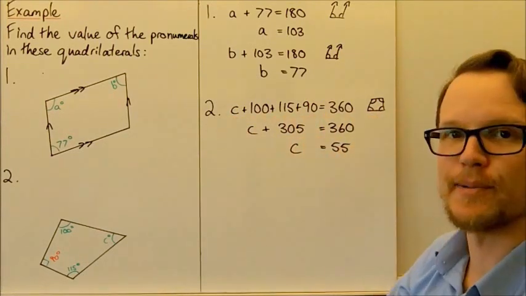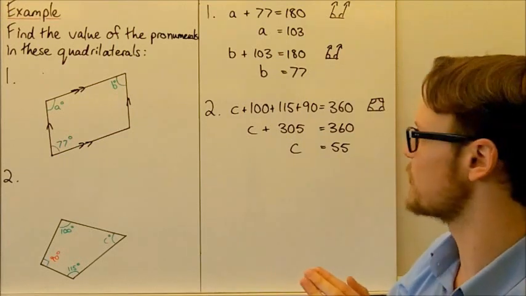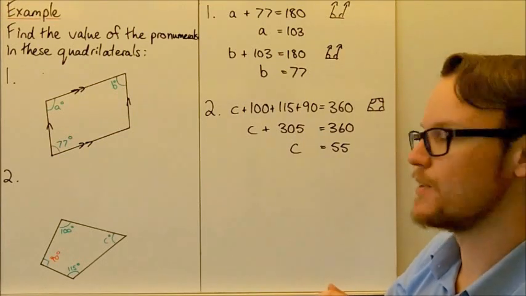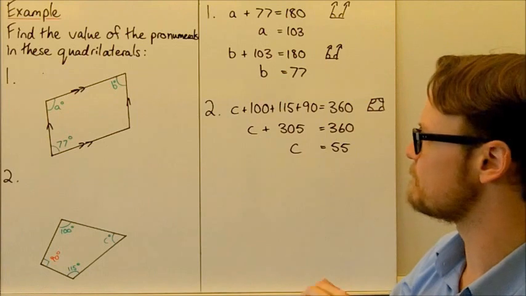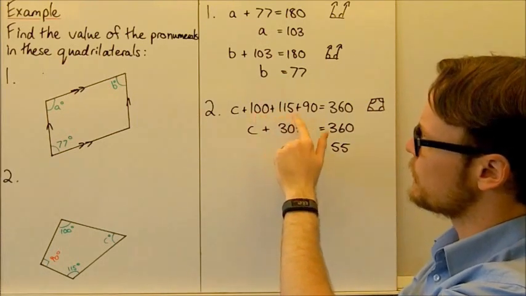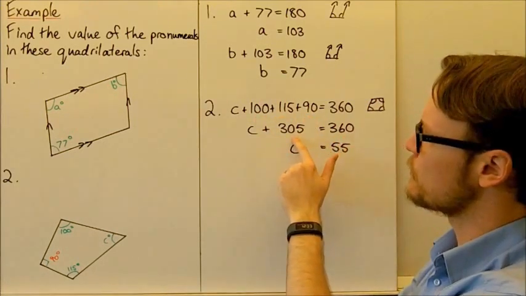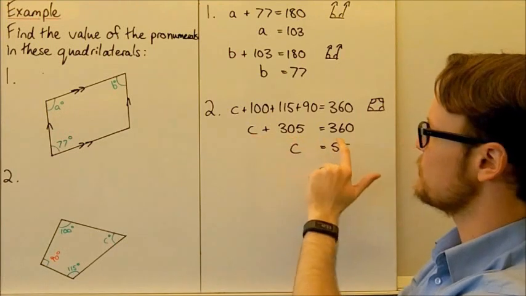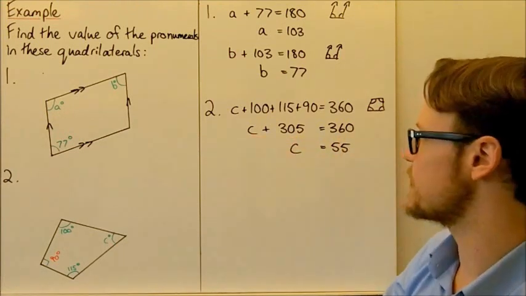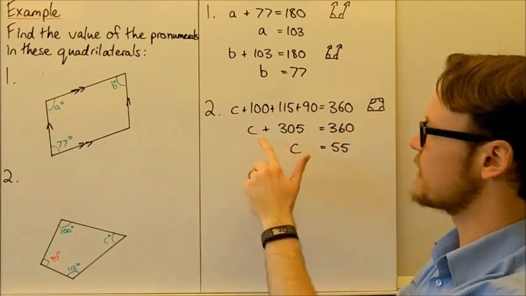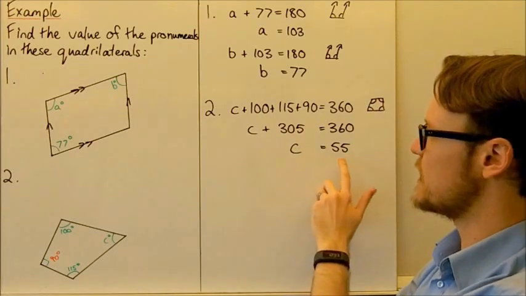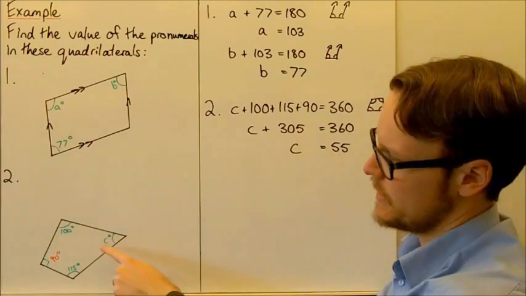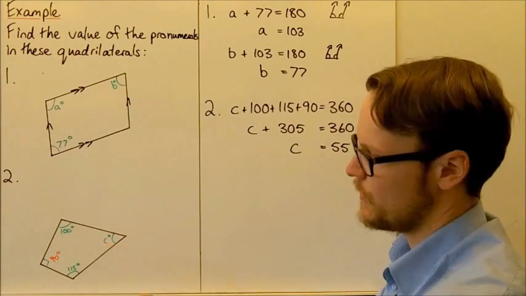And we've shown our coded reason there that all of the angles in a quadrilateral add or sum to 360 degrees. 100 plus 115 plus 90 is 305. So C plus 305 equals 360. The only value for C that can make that true is if C is 55. So here, our angle here is 55 degrees.